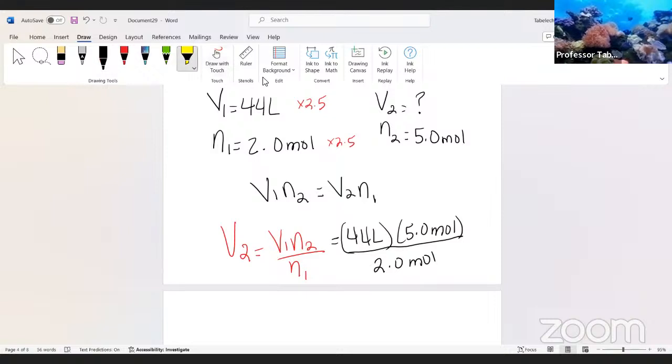You're going to cancel out your moles because you don't need them. And now we just need to plug this into our calculator, okay? So that's 44 times 5 divided by 2.0, and we get 110 as our volume, okay? As our final volume, 110 liters, okay?